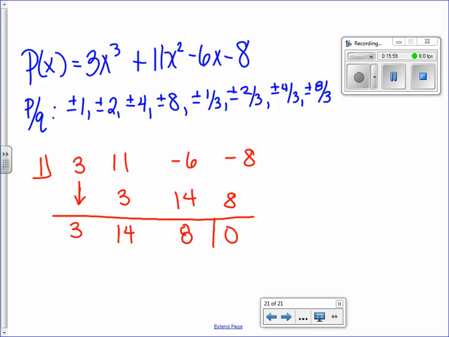It's 1. Okay? So at this point, if you really dislike synthetic division over factoring, you can start putting some negative numbers in here and try to find what the other two roots are, but they're going to be fractions, or at least one of them is, because you've got that 3 in the front. So at this point, I put this over here. And my two numbers that are going to multiply to equal 24 and add to be 14, 12.